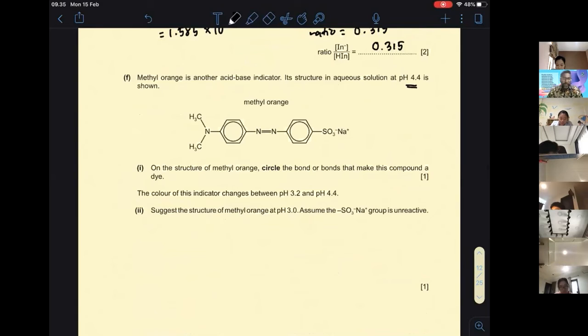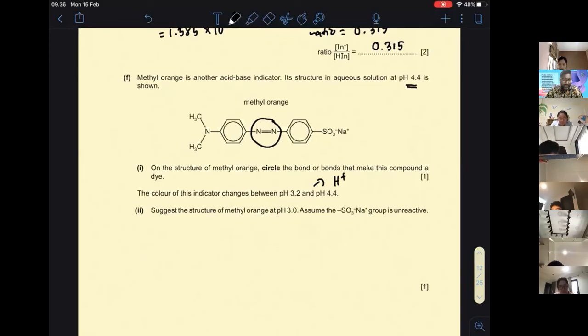The bond that is responsible for giving the color will be this one. This is going to be the bond that you're supposed to circle. Now, the color of this indicator changes from pH 3.2 to pH 4.4. It means that there is going to be a lot of H plus.